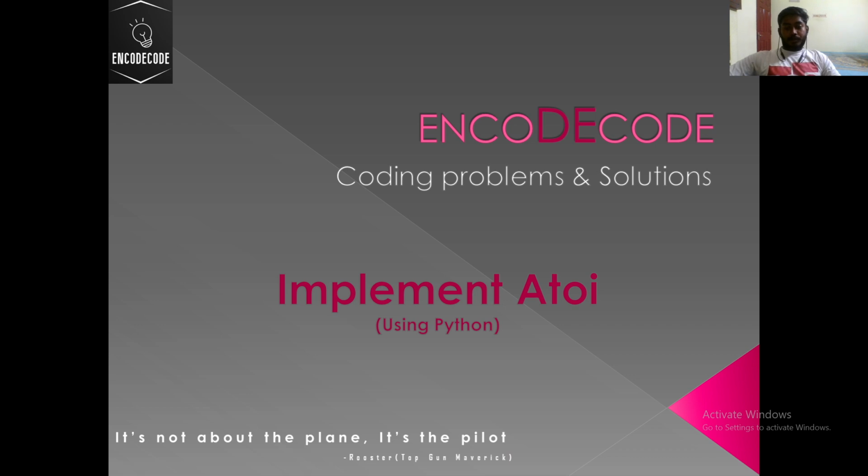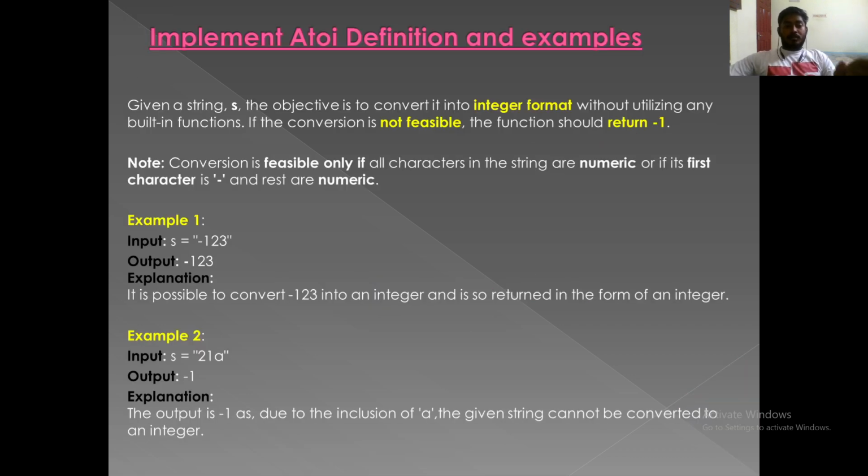In this session, we are going to see how to implement Atoi. Atoi is a concept where a string needs to be converted to an integer, if it is feasible or not. The reason we say feasible or not is that the string may also contain characters, for example A, B, C, alphabetical characters or special characters.